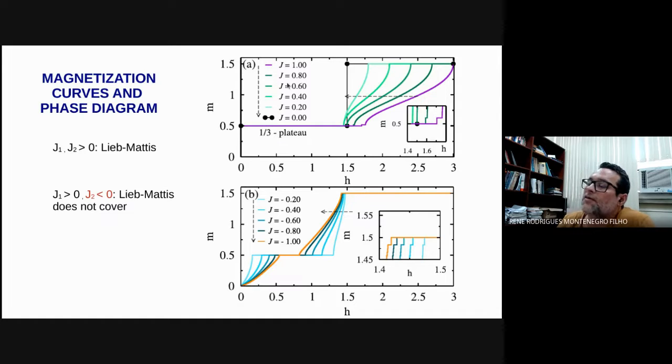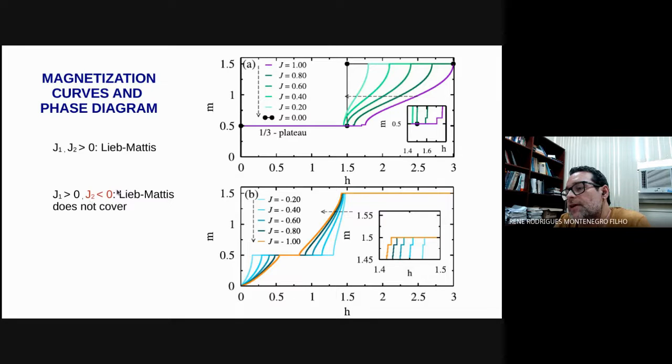For positive values, the Lieb-Mattis theorem applies, and in zero magnetic field, we have finite magnetization and a gap that produces a magnetization plateau in a magnetic field.